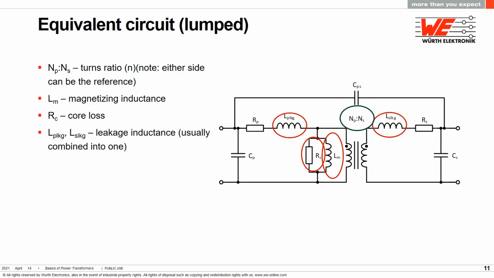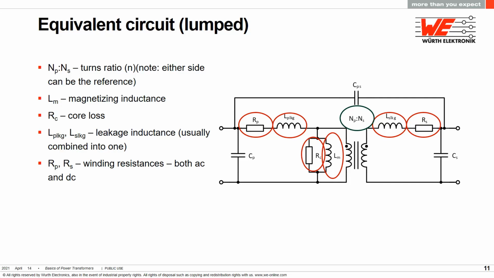We have the leakage inductances as I showed you in the previous slide. They're in series, and as inductors they do store some energy, which becomes a source of voltage spikes. The winding resistances RP and RS include both the AC and DC resistances together. You can see these series elements create a voltage divider, which means that the voltage across the perfect winding is less than the input voltage.